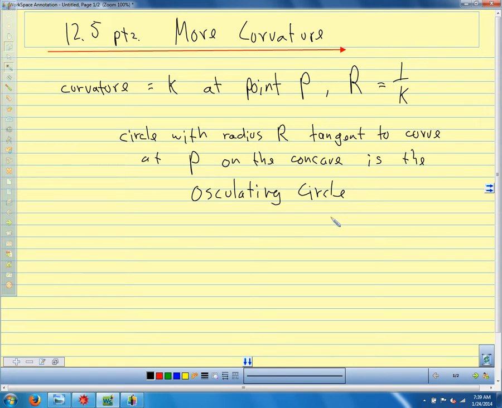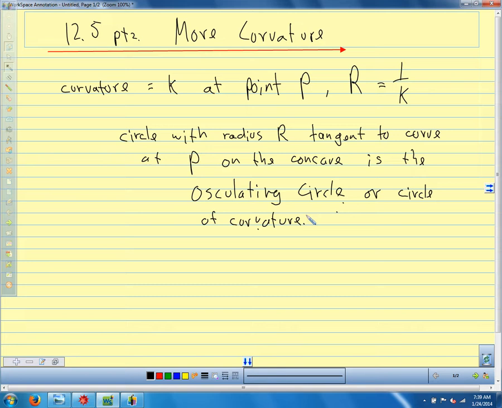Or the other way you hear it referred to is the circle of curvature. Osculum comes from the Latin and means to kiss. So it's a circle that kisses the curve.